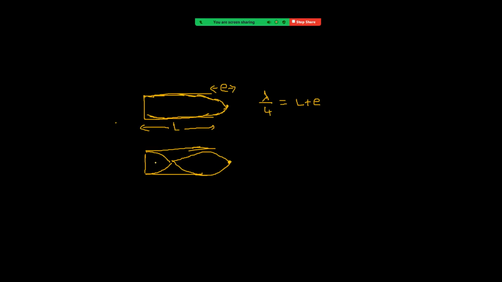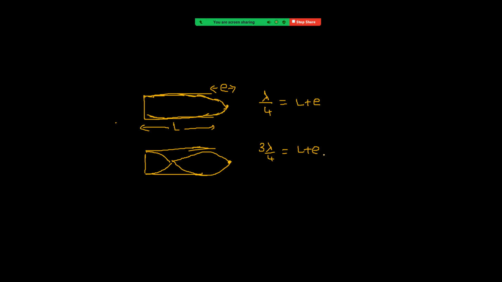So lambda by 4 separation plus lambda by 2 gives 3 lambda by 4. 3 lambda by 4 is equal to L plus C. This is the third harmonic or first overtone.